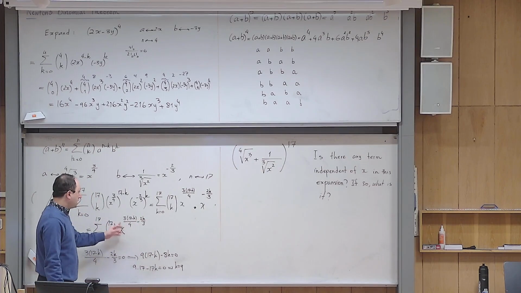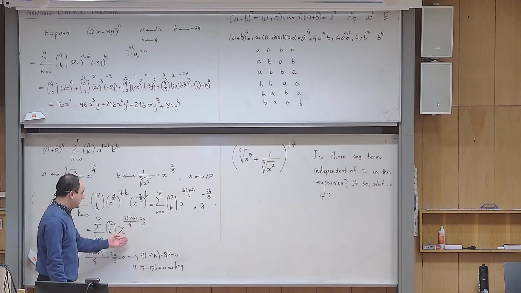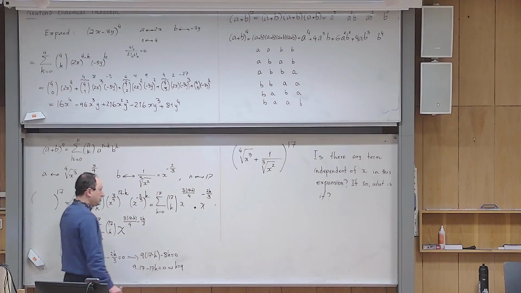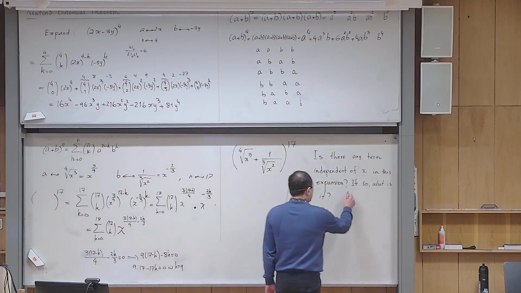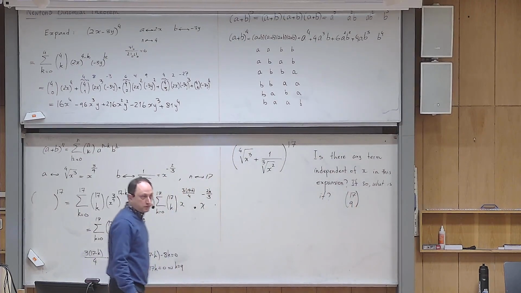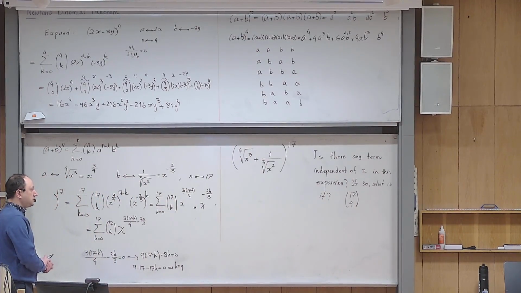But you don't need to recalculate this. It is clear that if I put k equals 9 here, the exponent becomes 0, and x to the power 0 is 1. So what I need to calculate is only 17 choose 9. So the answer to this problem is yes. What is it? It is the number 17 choose 9. Is that clear?